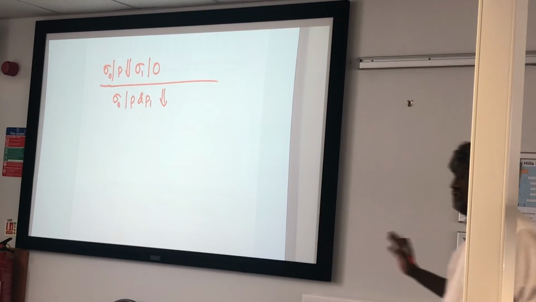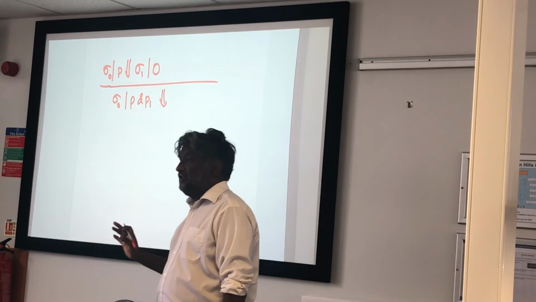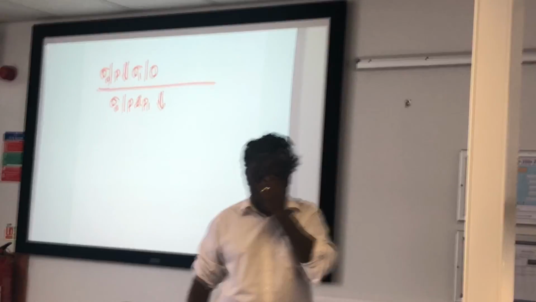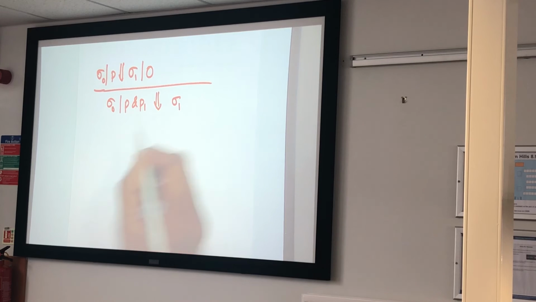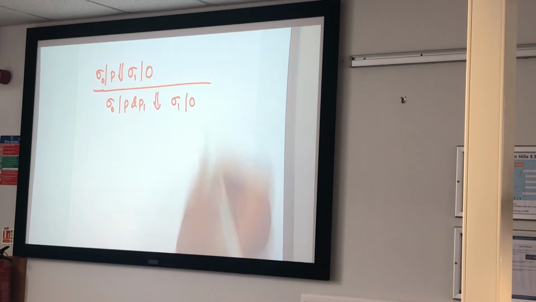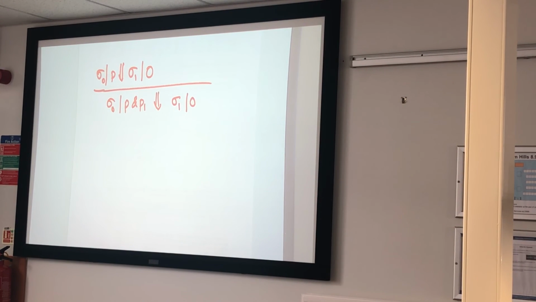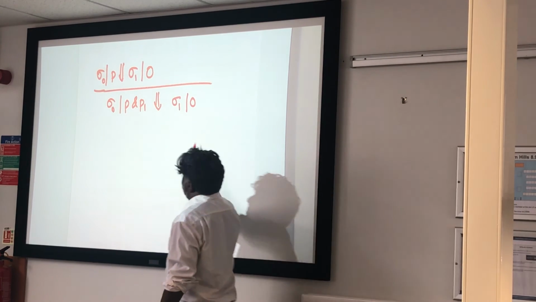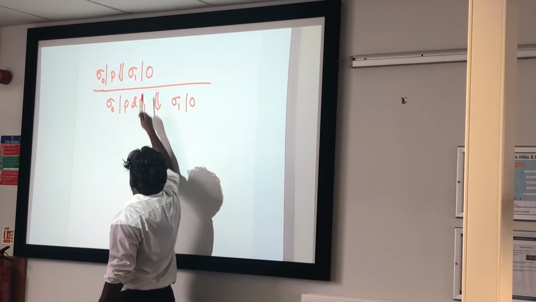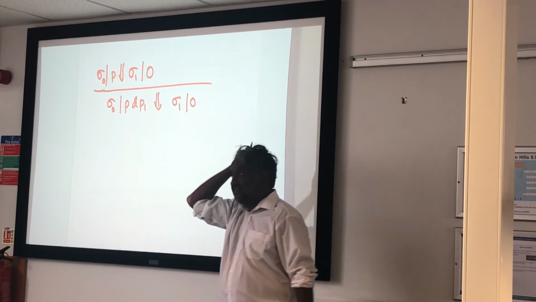Right? Then I'm going to stop. I'm not going to do any more because I know the overall answer is false. So, well, I have my new memory, sigma 1, and this should all be false. So that's one rule, which is useful if P evaluates to false, because I know the overall answer is false.